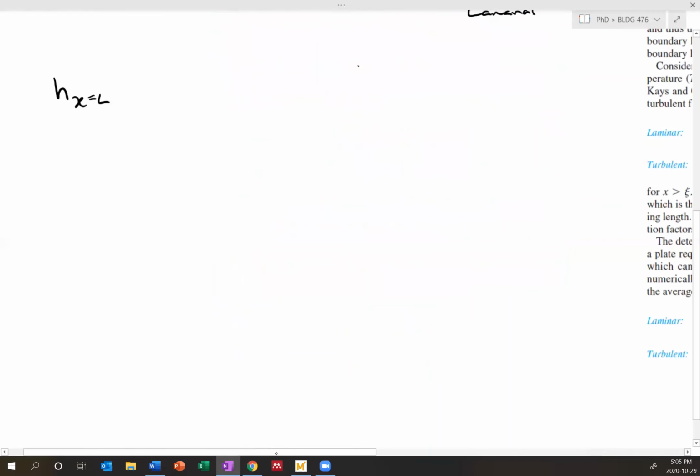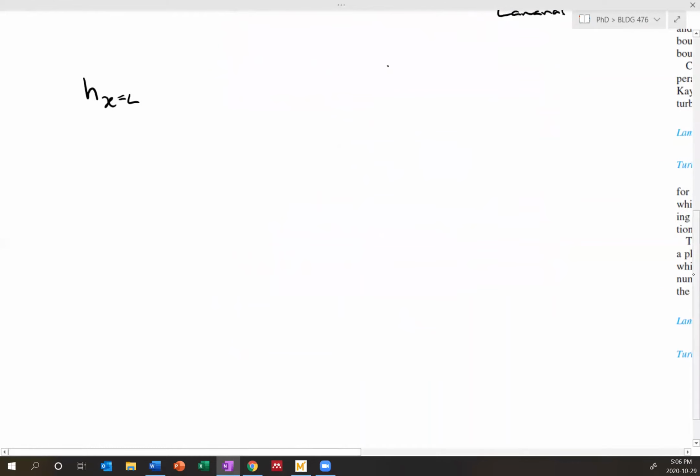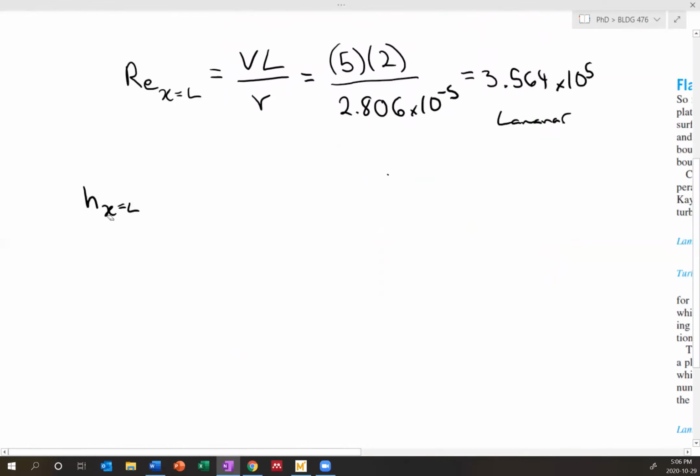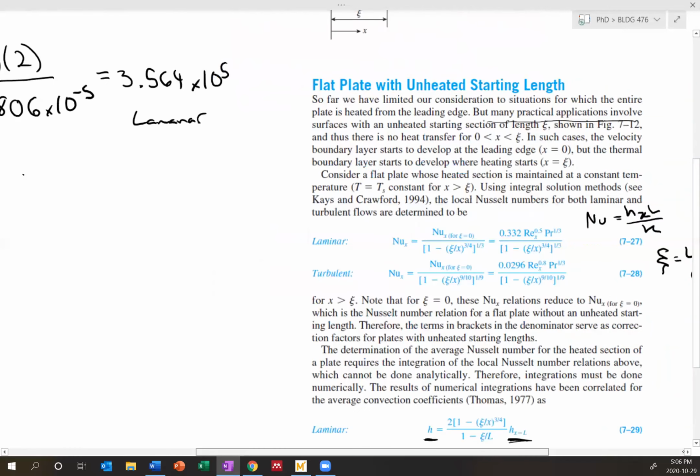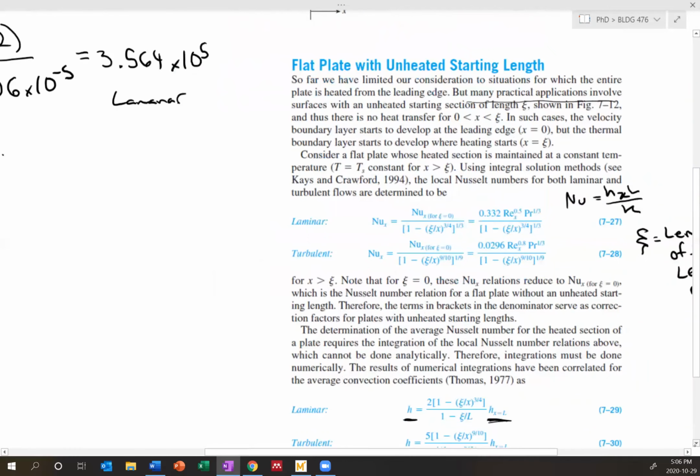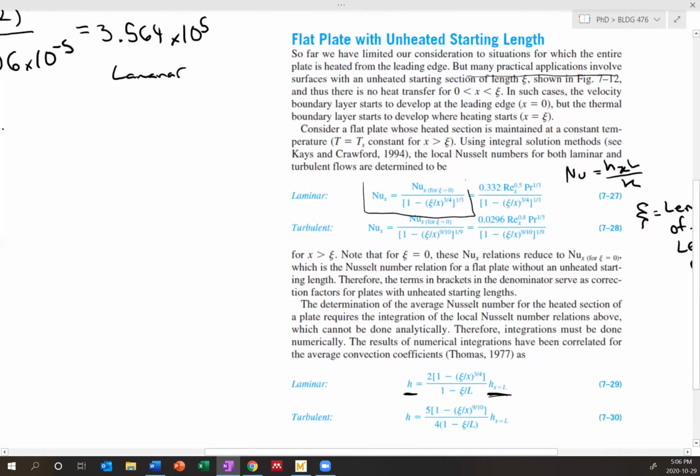Okay, we're out of time, but if you were to continue, I can guide you so that it's in the notes. You'd find your Nusselt number at x using your Reynolds number, which we now have, the length of the leading edge you would know, and since we're looking at our full length at x equals L, you would just put in your L there.